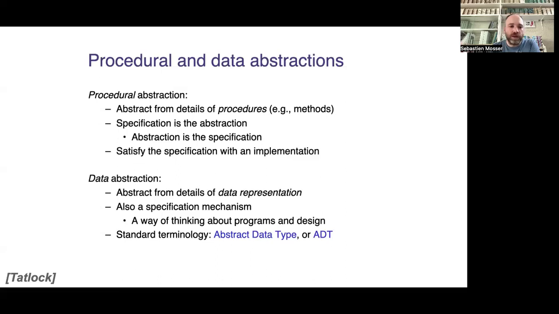When we're talking about procedural abstraction, we want to be abstract from details of the procedure, method, function, whatever you call it. It's really specifying: what do I need? What's my signature? What's the behavior? What are the semantics? And then I can implement something that does the job. But first, I've thought: this is what I need, and this is why it's needed here.